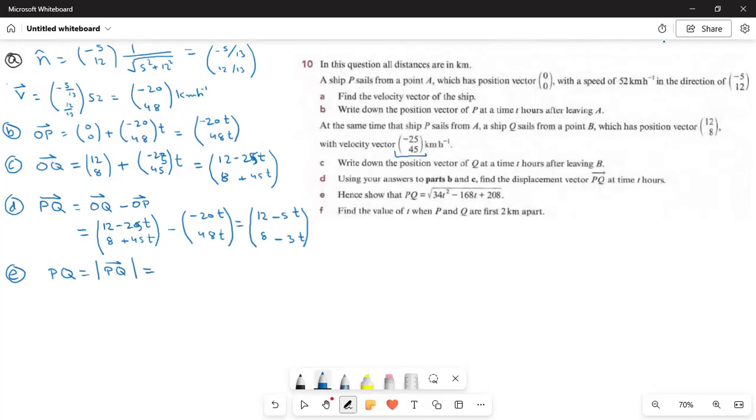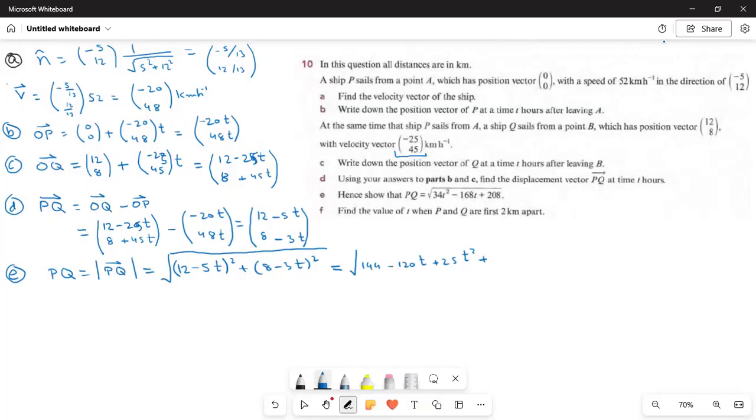So this is going to be the square root of (12 - 5t) squared plus (8 - 3t) squared. This can be simplified as 12 squared, 144, minus 120t, plus 25t squared.